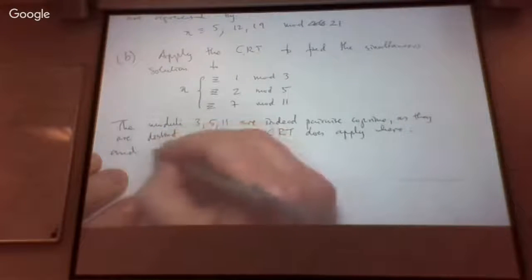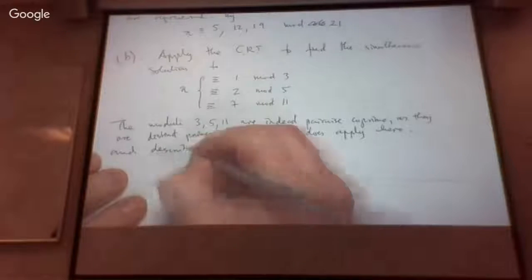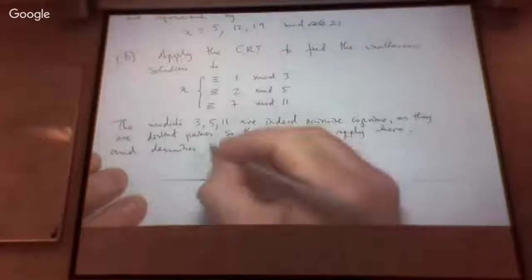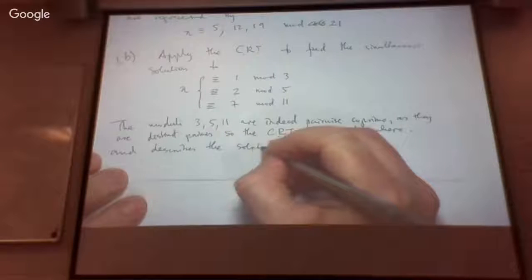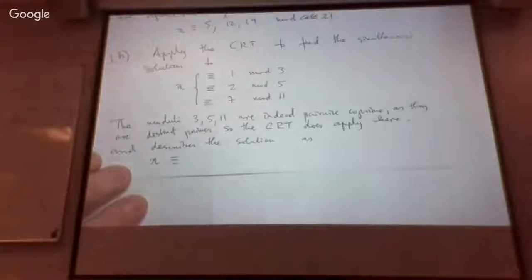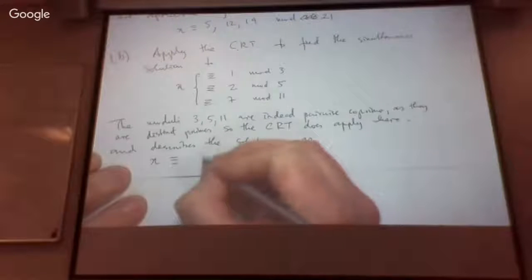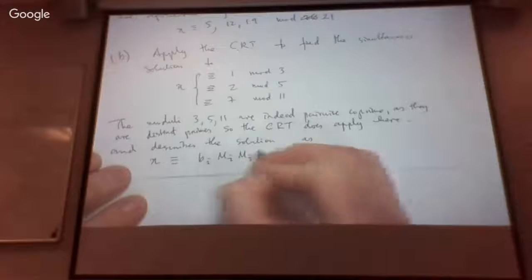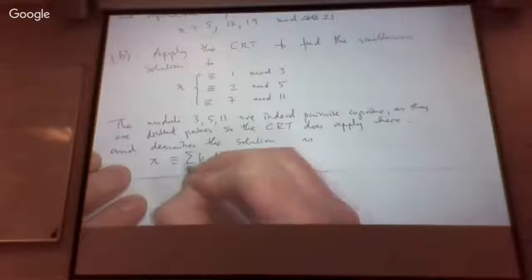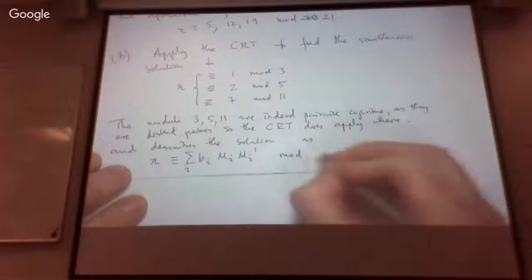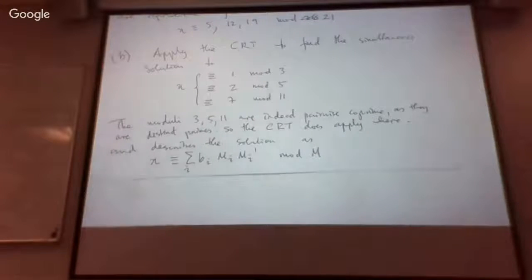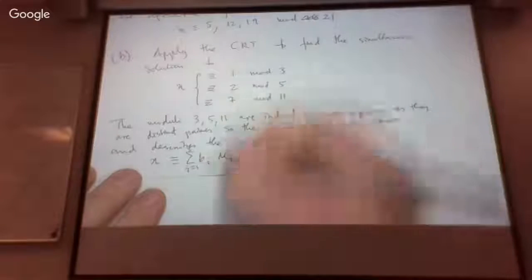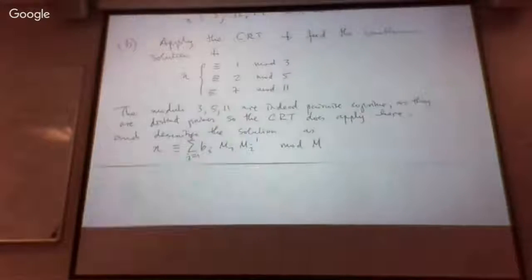And it describes the solution as x congruent to the sum of b_i, capital M_i, M_i prime, modulo capital M. This sum is going to go i equals 1 to 3, so it's 3 congruences.